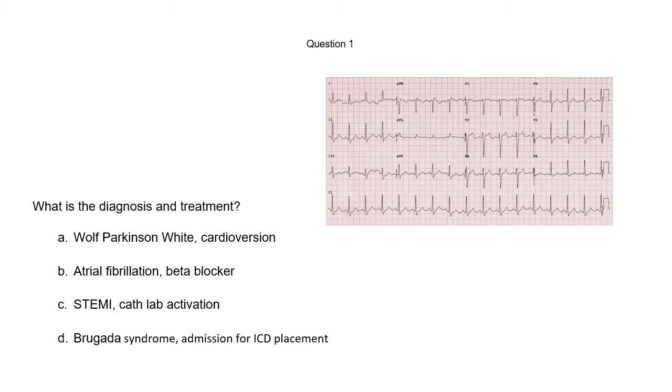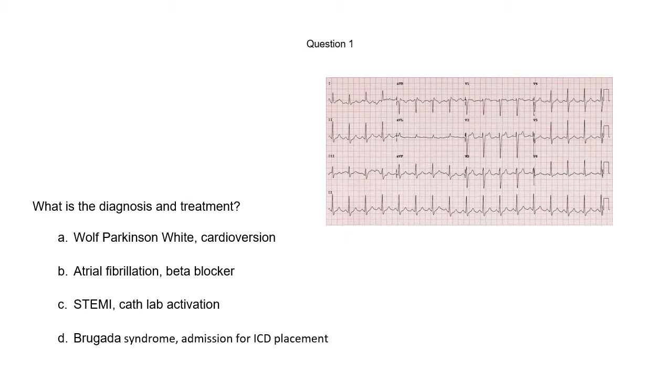So we saw the answer already. But is this Wolff-Parkinson-White, and we need to cardiovert? Doesn't seem like it, right? We're not seeing the short PR interval or the slurred upstroke of the QRS. And then, is it atrial fibrillation and a beta blocker?